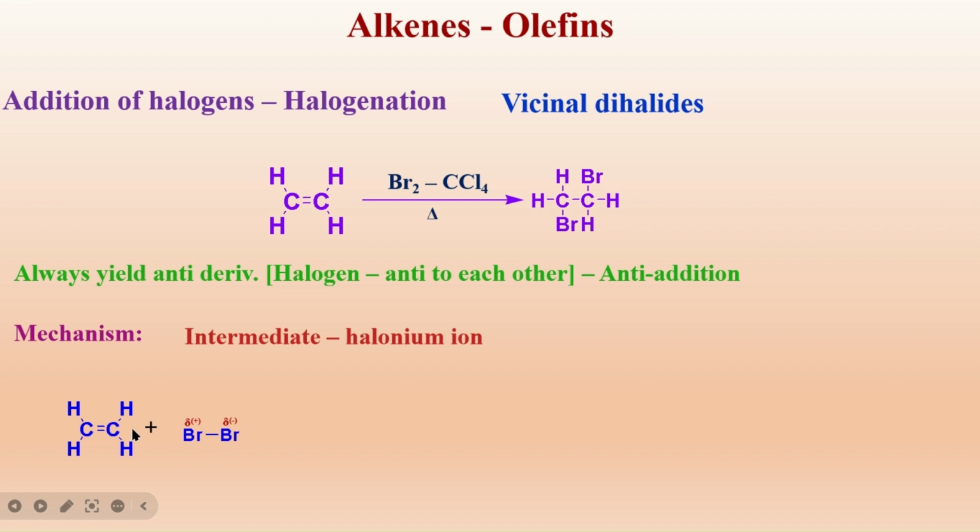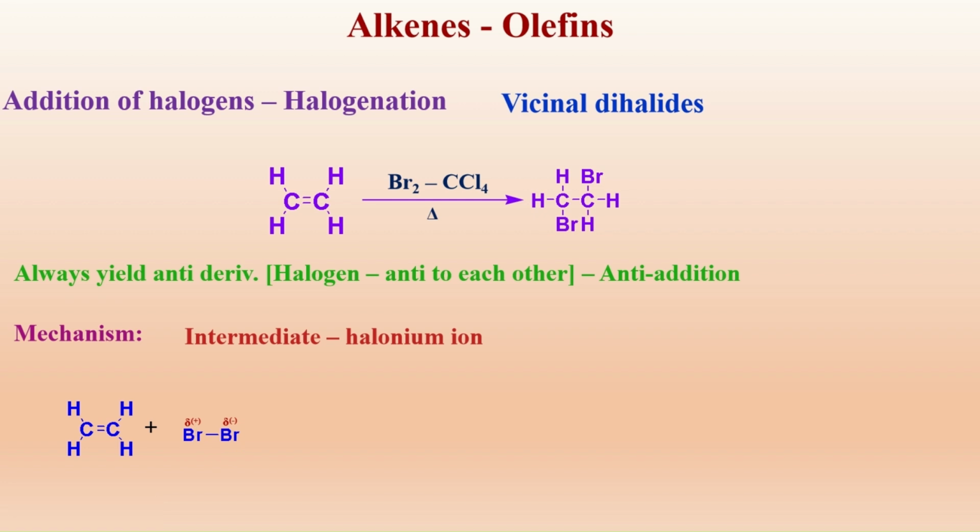Because two electron rich atoms repel, the electrons in the bromine are repelled away to the other atom, making one atom delta negative, that is electron rich, and the other delta positive, that is electron deficient.